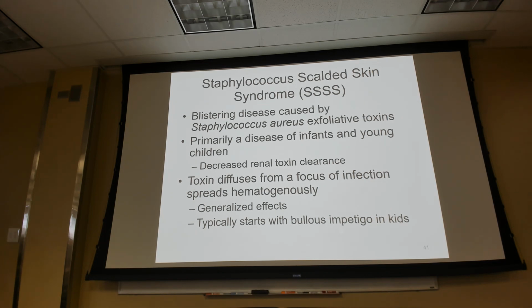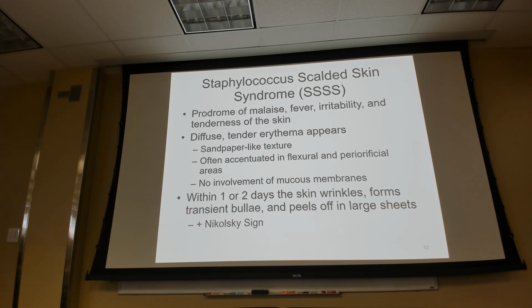And it's similar to Stevens-Johnson and TEN, which we talked about last block, because of the fact that it'll have Nikolsky signs that show us what this is. Oftentimes it starts with some impetigo, but then it turns into a more severe one just as before, okay?